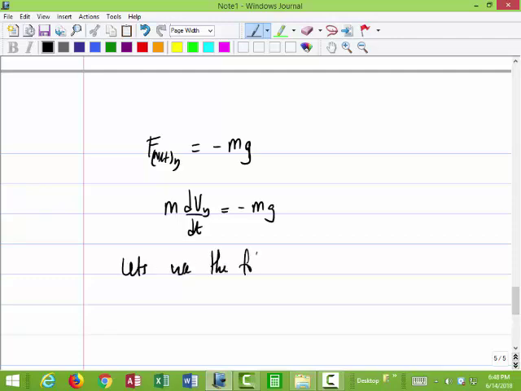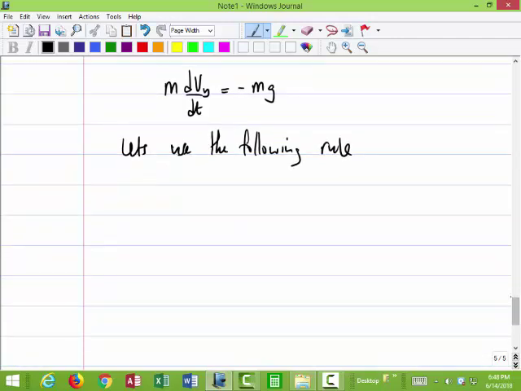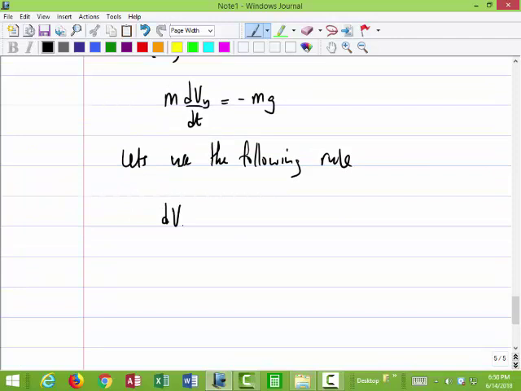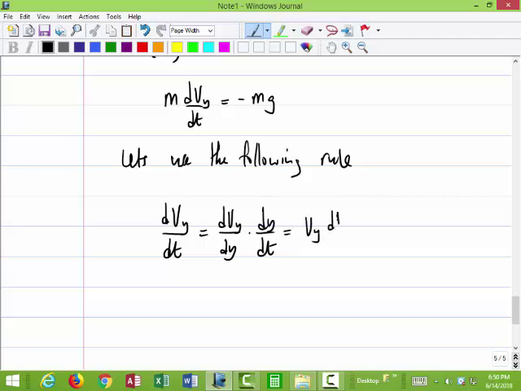Let's use the following rule. You will recognize this as a chain rule, and the chain rule just tells us that dv subscript y dt is equal to dv subscript y dy times dy dt, which can then be written as v subscript y dv subscript y dy.